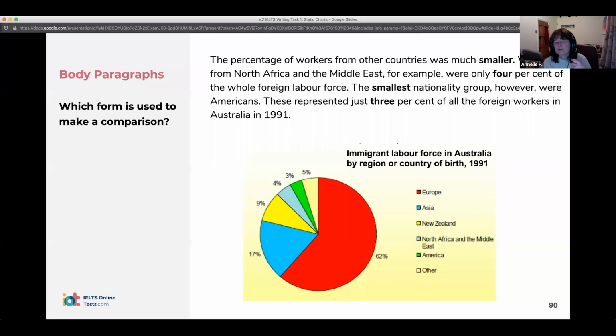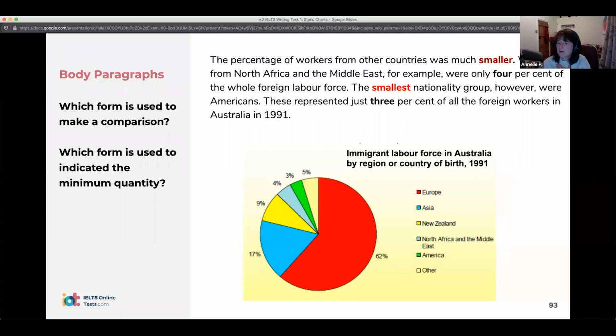So in terms of making comparisons, what kind of language do we have there for making comparisons? Okay, good. So yeah, we've got the smaller, and then we've also got smallest. So using comparatives, using superlatives, that kind of language is going to be very, very important with the pie charts, with the static charts.